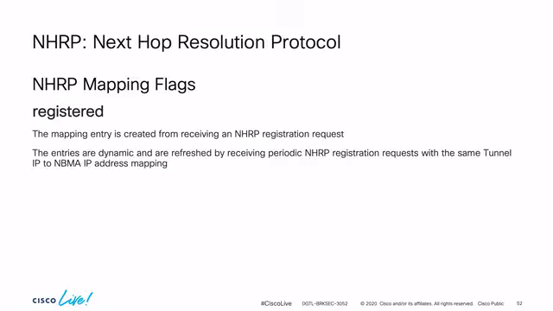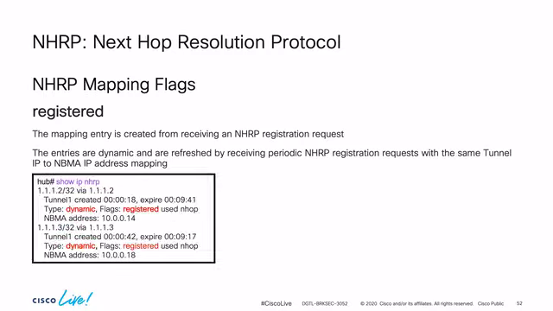In this example, the tunnel 1 entry with the tunnel IP address 1.1.1.2/32, whose NBMA address is 10.0.0.14, has a flag called registered.